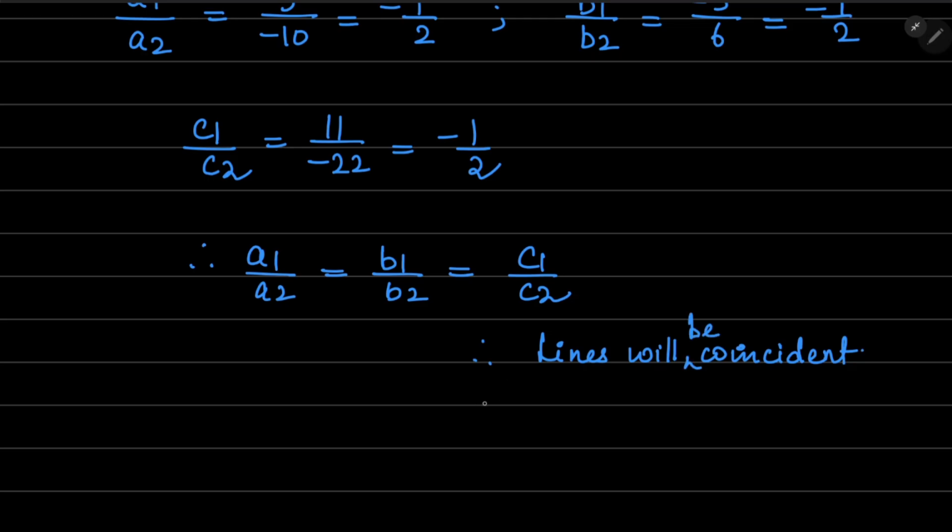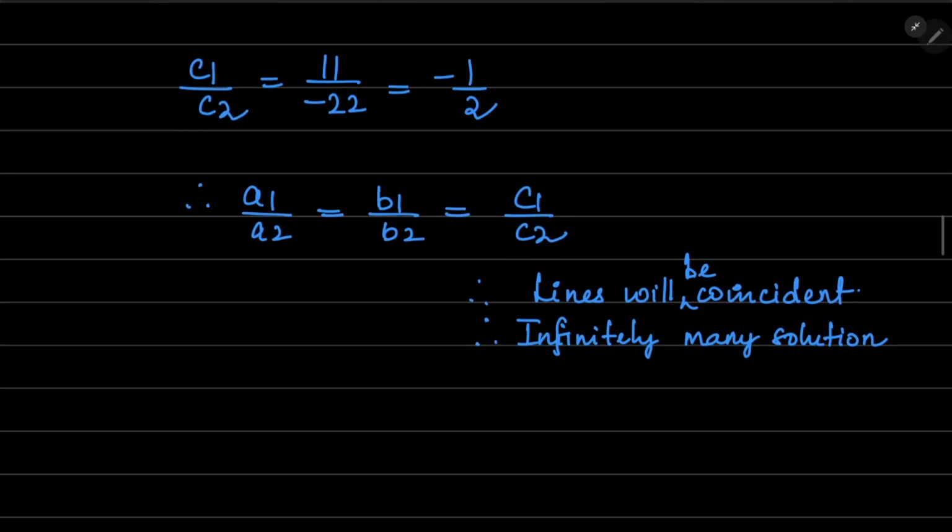Right? And how many solutions will it have? It will have infinitely many solutions. And if it has infinitely many solutions, the system is said to be consistent. It will be a consistent system.